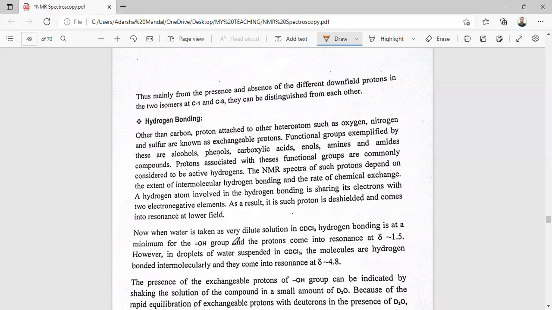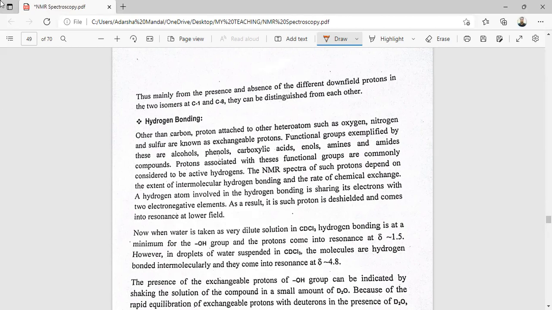In NMR spectra, such protons depend on the extent of intermolecular hydrogen bonding, the rate of chemical exchange, and the extent to which a hydrogen atom is involved in hydrogen bonding. So in the NMR spectra, such active hydrogen is exchangeable, and a hydrogen may be involved in hydrogen bonding, sharing its electron with 2 electronegative elements. As a result, such protons are deshielded and come at lower field.